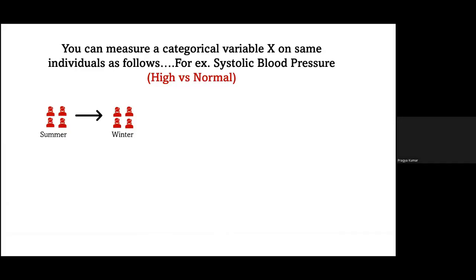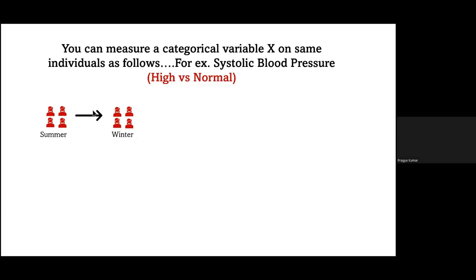So in this case, if I want to measure a categorical variable X on the same individuals, like I have categorized systolic blood pressure as high and normal. I was giving this example that maybe I took 50 MBBS students and I have measured their blood pressure in summer, and then again I have measured their blood pressure in winter.